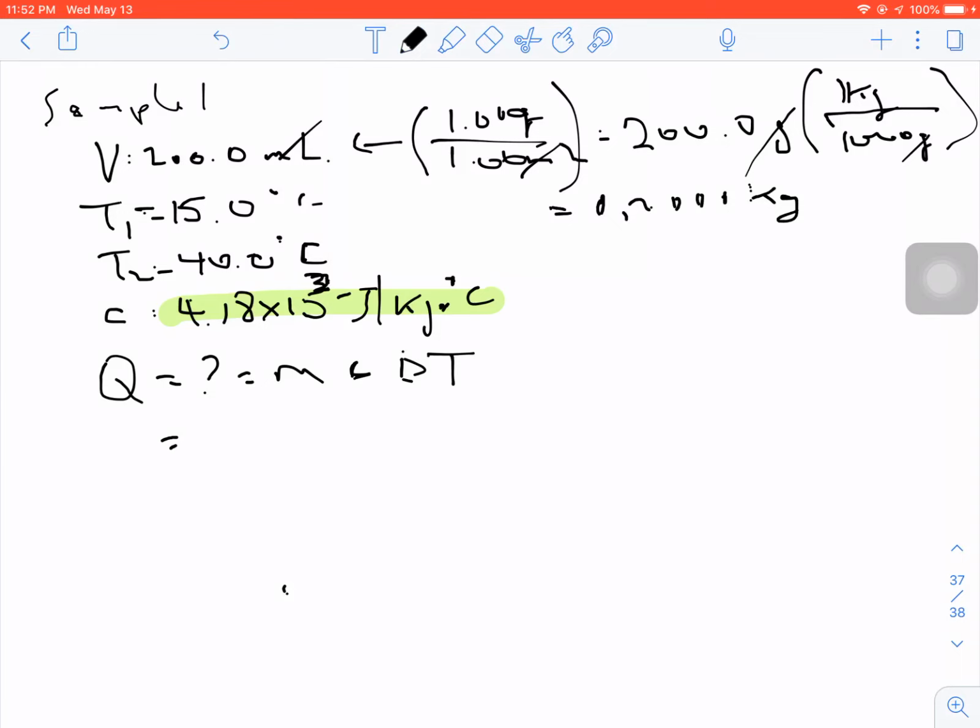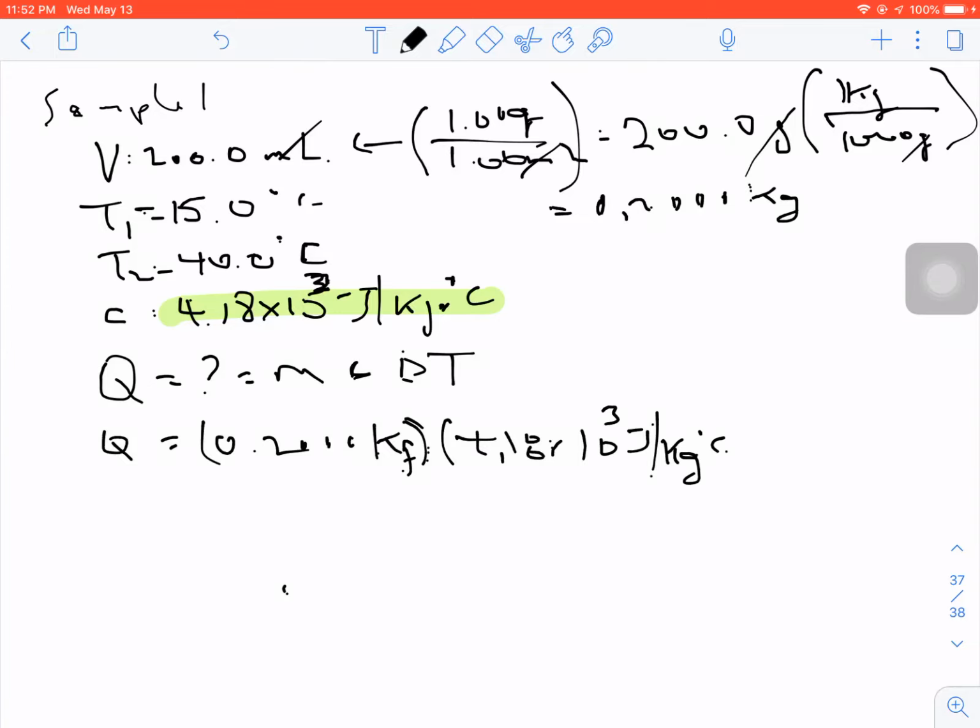So now I can do my Q is equal to the mass, 0.200 kilograms, times the C value, 4.18 times 10 to the power of 3 joules per kilogram degree C, times my temperature change, which is delta T, T2 minus T1, 40 minus 15.